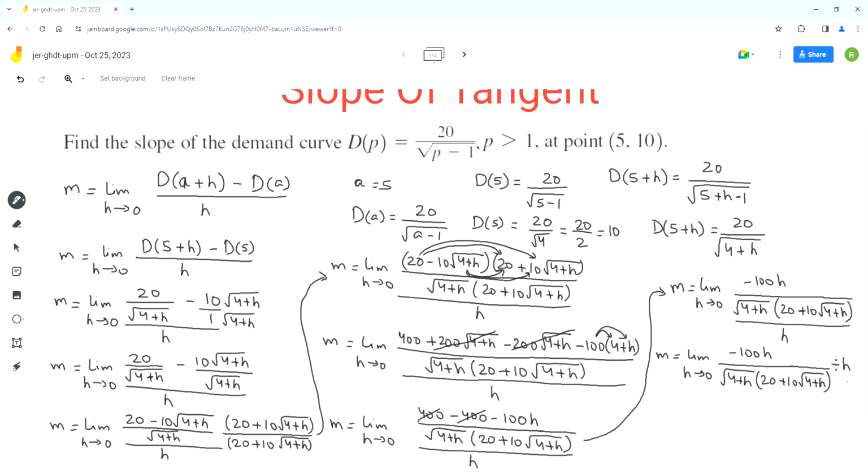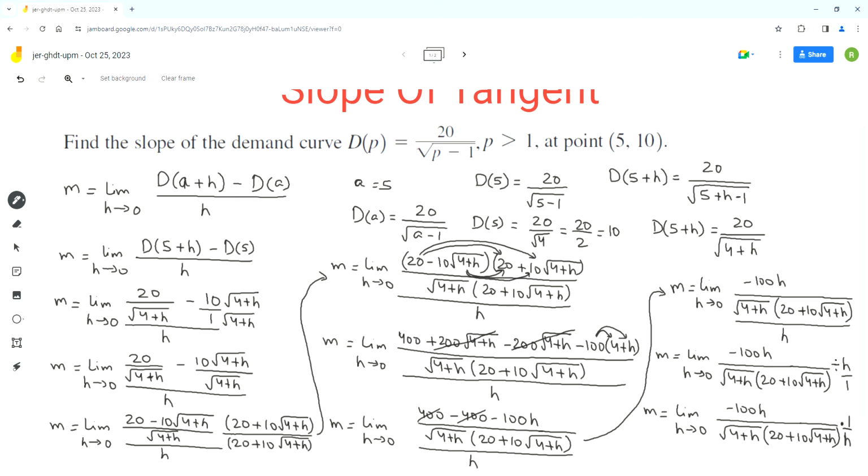Now the denominator of h is 1, so when we change this division statement into a multiplication statement, we flip the fraction. So we get m equals limit h approaches 0, negative 100h over square root of 4 plus h times 20 plus 10 square root of 4 plus h in parentheses times 1 over h.